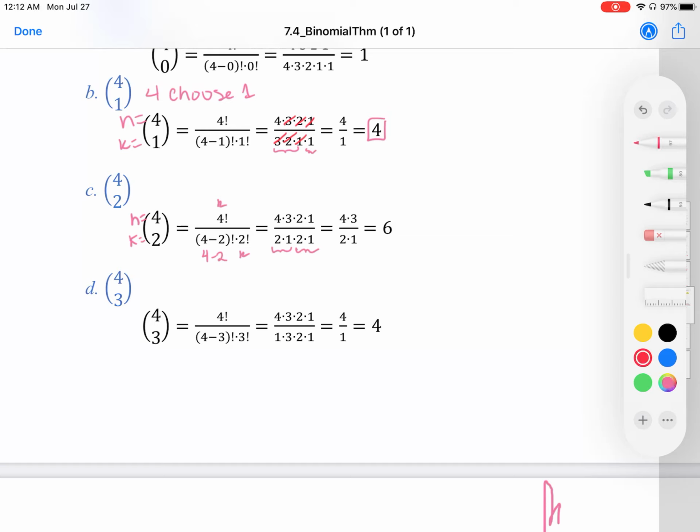Again, you can see how things divide to make 1. 2 divided by 2 is 1, 1 divided by 1 is 1. 4 and 2 have a common factor of 2, so we're left with 2 times 3 over 1, so we have 6.